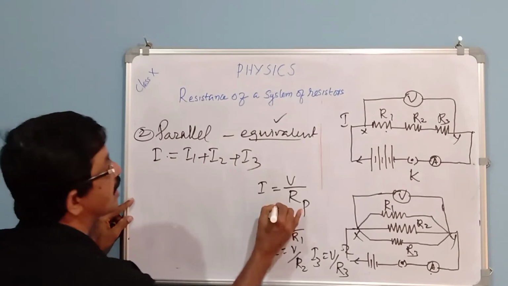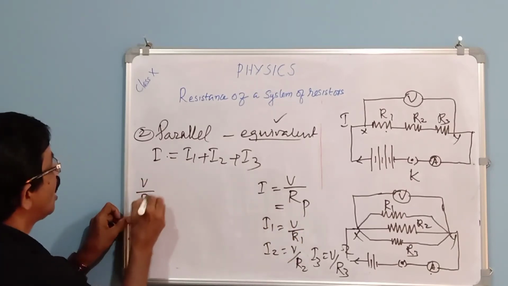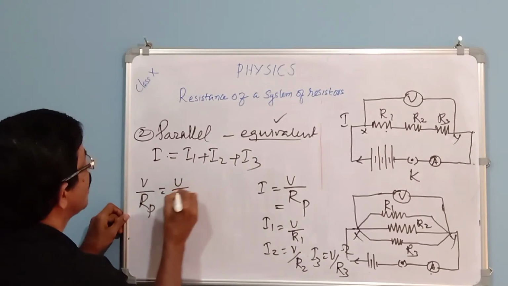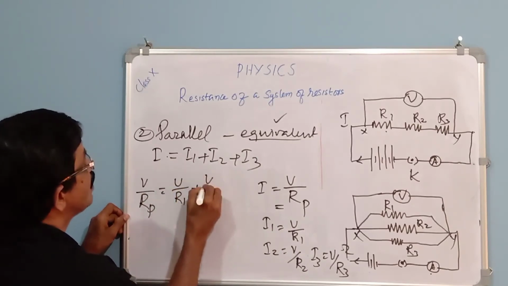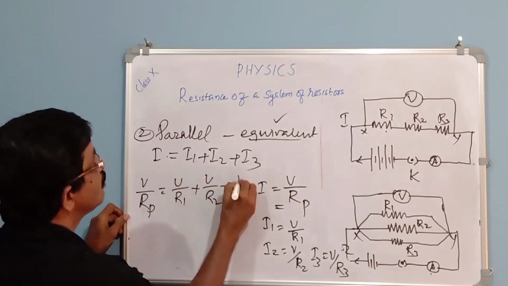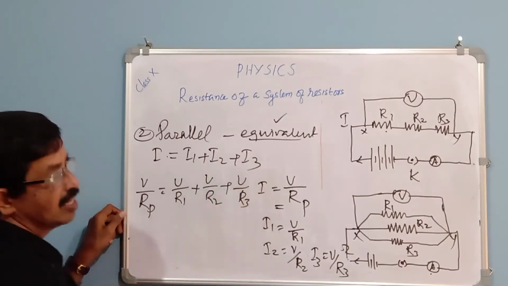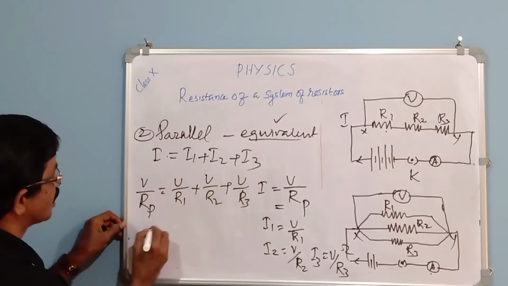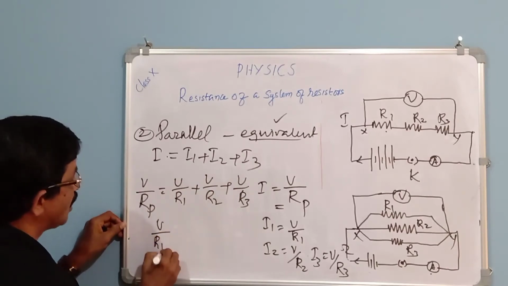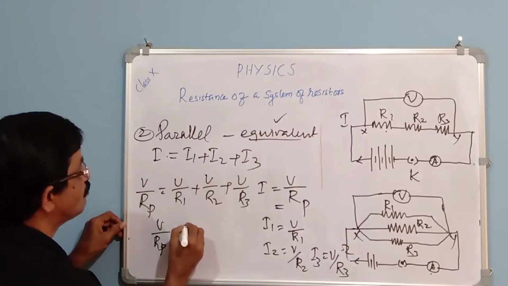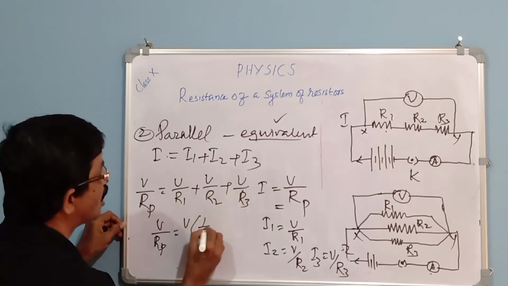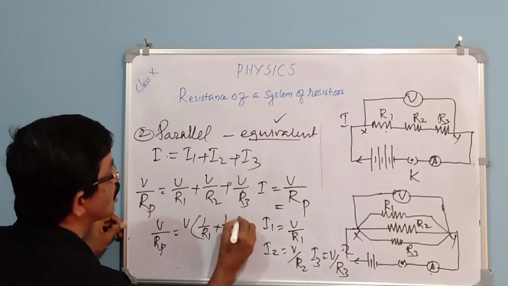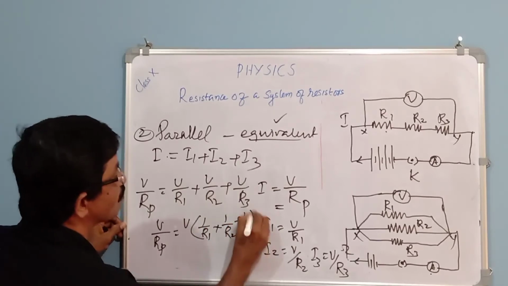Instead of I we can write V by Rp, and that is equal to I1 plus I2 plus I3, that is V by R1, similarly V by R2 and V by R3. And see here, V by Rp is equal to, we can take V common, V into 1 by R1 plus 1 by R2 plus 1 by R3.